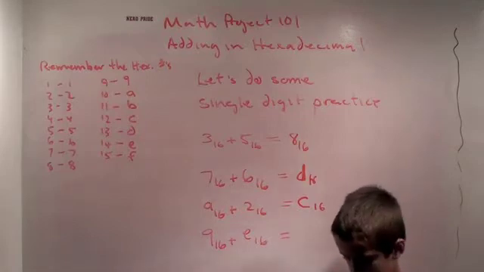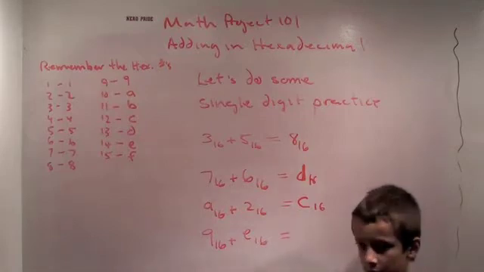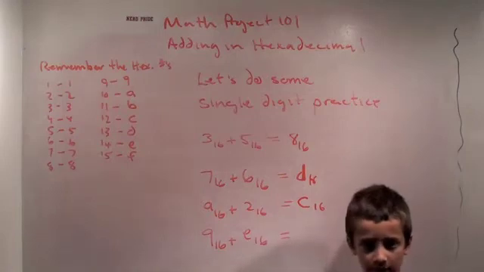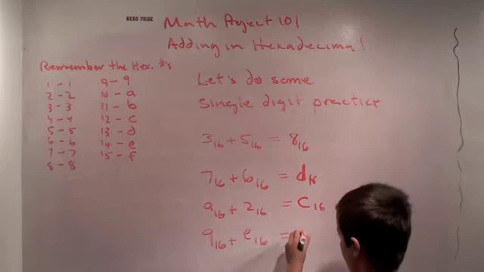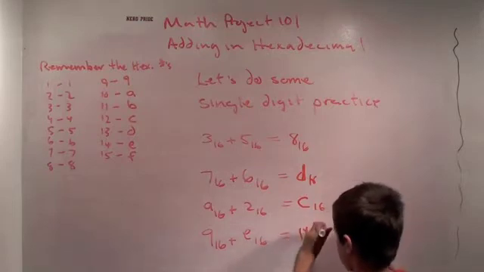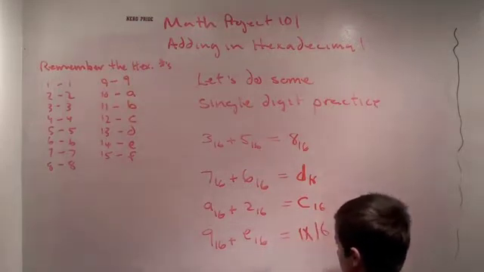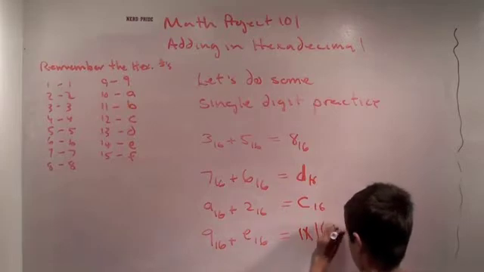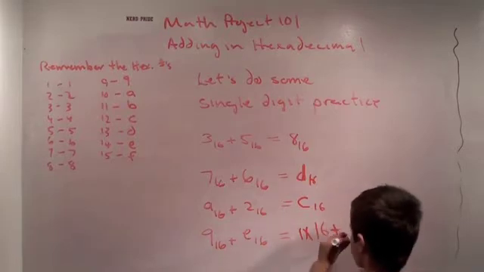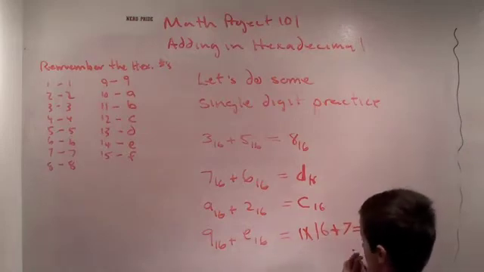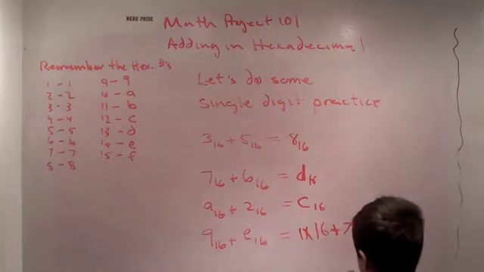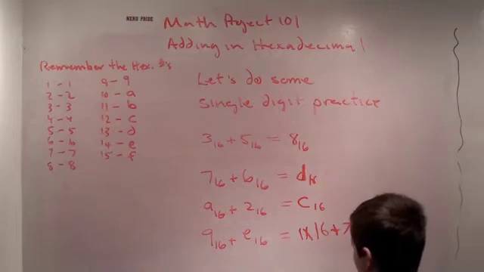Okay, so how do you write 9 plus E? Equals 23, which is 1 times 16 plus 7. So what number is that in base 16? What's the short way for writing 1 times 16 plus 7?